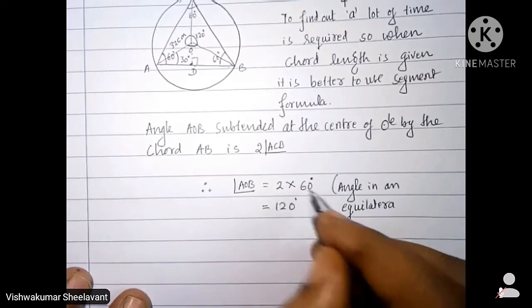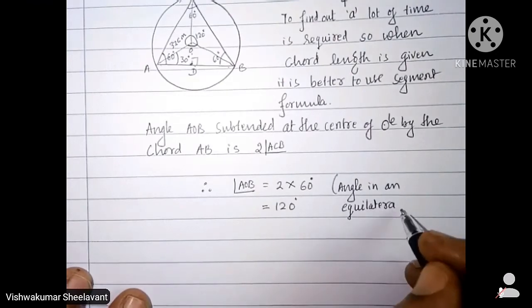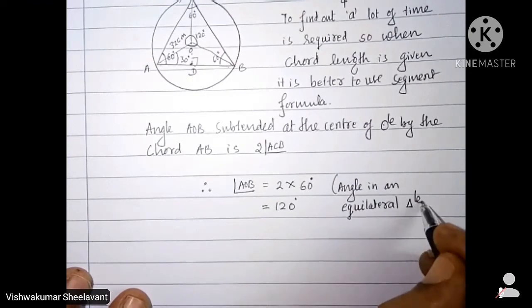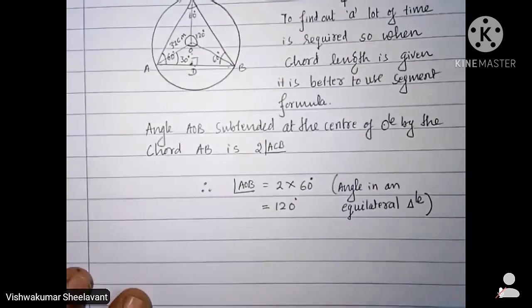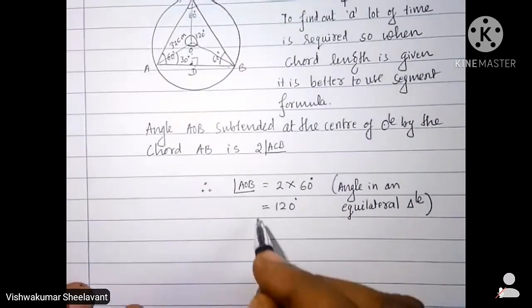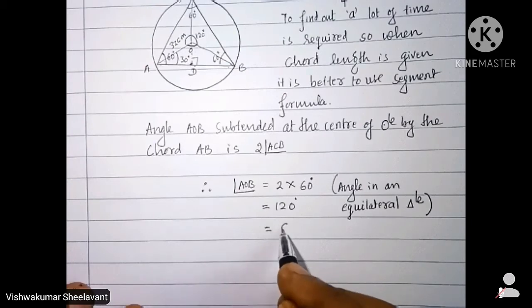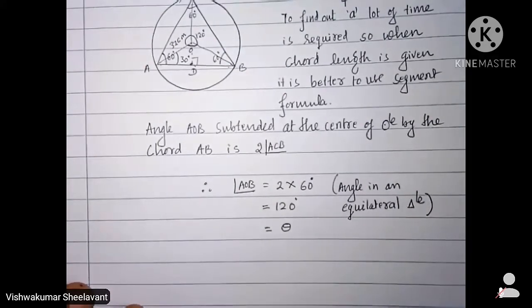Why am I writing 60 degree? It is the angle in an equilateral triangle. So this is theta for us.